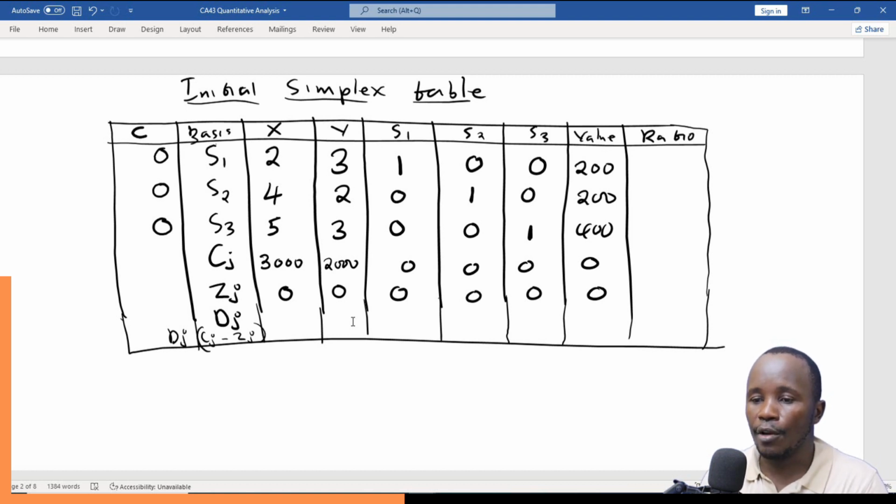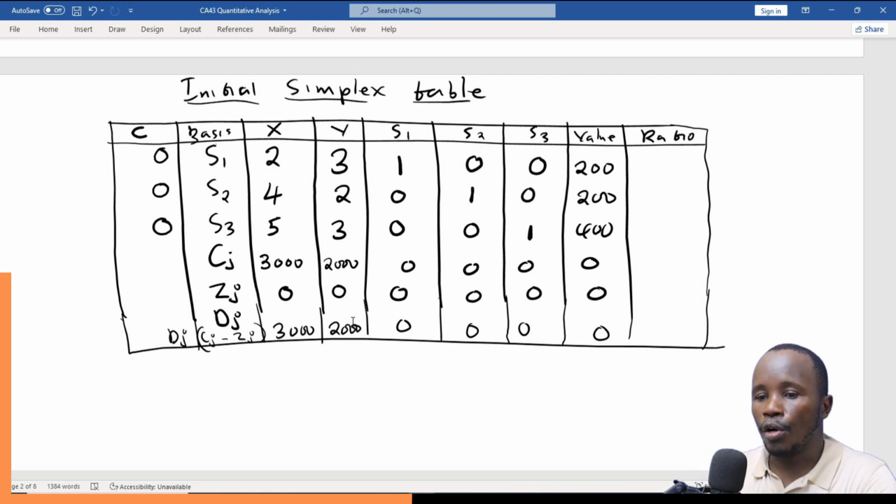So we take 3000 minus 0, you find 3000. 2000 minus 0, you find 2000. Then this 0 minus 0, 0, 0, 0. Now, this is what we call initial simplex table.